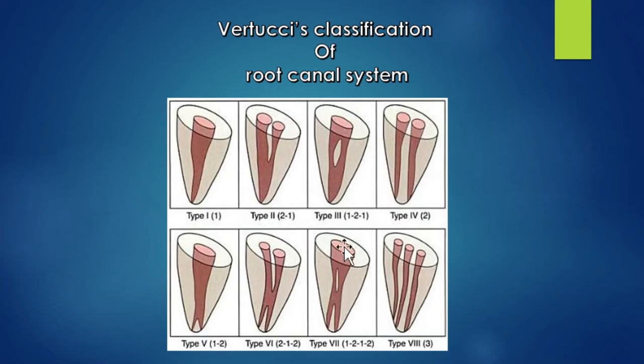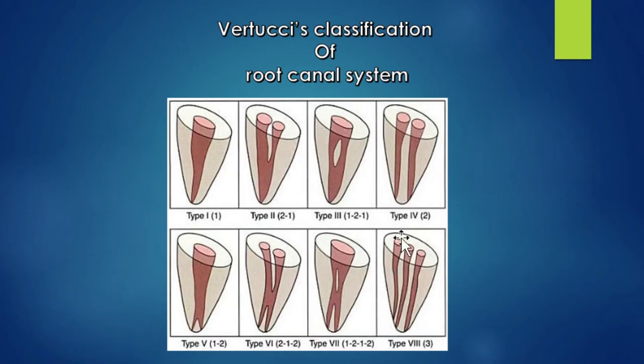Now, in type 7, the root canal starts as a single canal till the middle third, and then divides into two separate canals, and then they rejoin after some distance, and then near the apex divide into two canals. So here we have this configuration: one canal, then two canals, then one canal again, and finally again two canals.